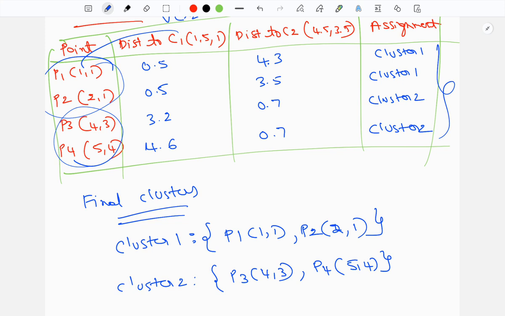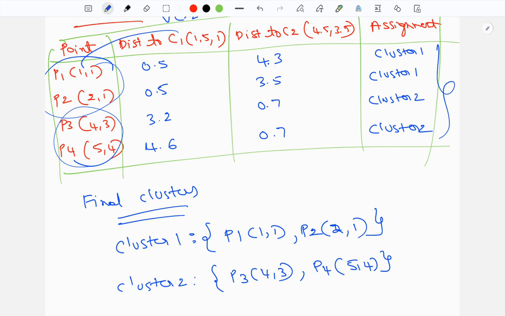And finally you see that the assignment in the new iteration table is same as the assignment in the previous iteration table. If that is same, then you can stop the iteration. If it is not same, then you keep on finding the new centroid and keep on repeating the process until both the iteration tables are same.